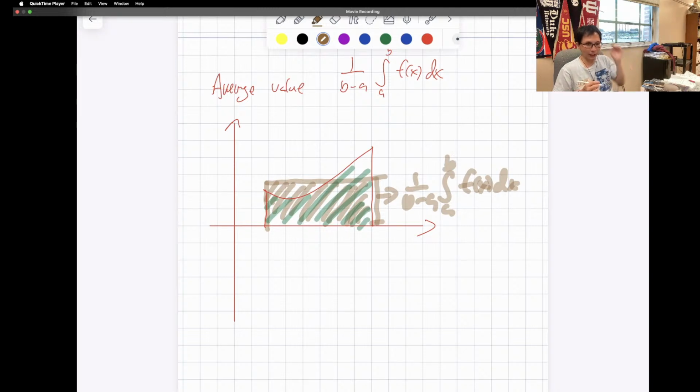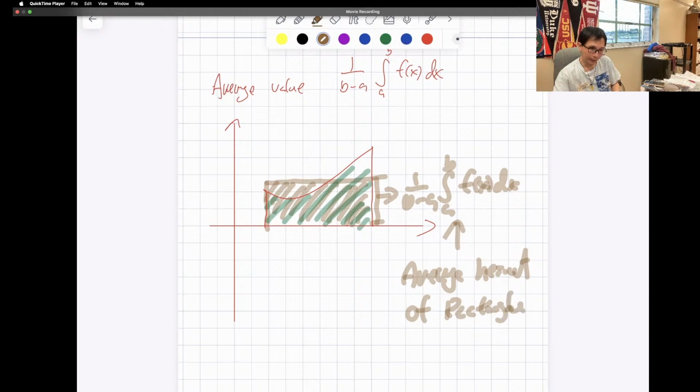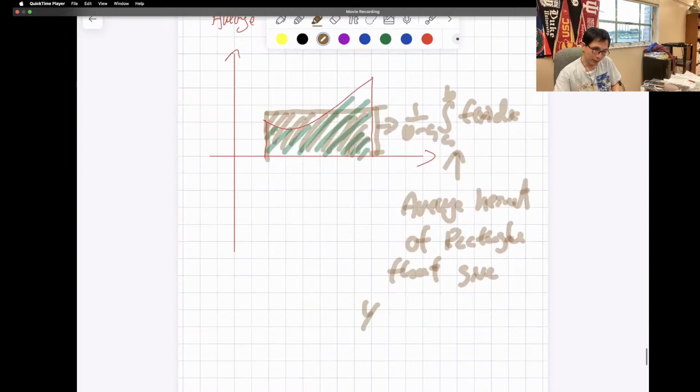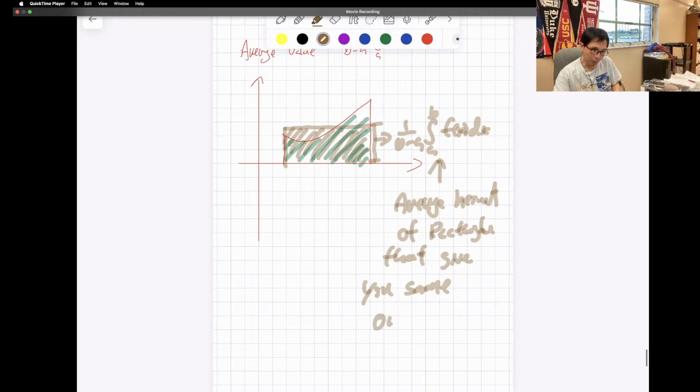Because basically you take the area, you divide it by how wide it is. Then you become the average height. So the average value is known as the average height of a rectangle that gives you the same output as the integral, as a definite integral.